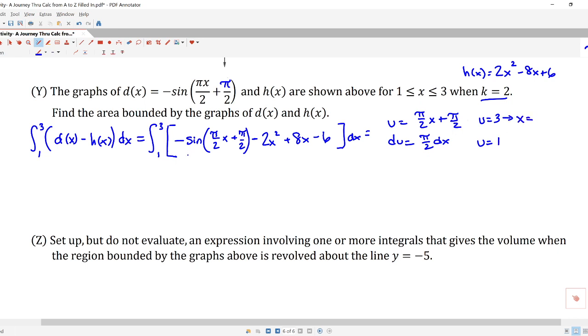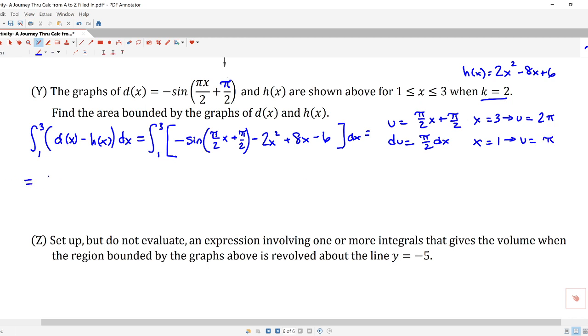So x is, well, let's see here, if x is 3, my apologies, then u is, well, if x is 3, pi over 2 times 3 is 3 pi over 2, plus 1 more pi over 2 gives us 4 pi over 2, which simplifies to 2 pi. And if x is 1, that just makes it pi over 2 plus pi over 2 is 2 pi over 2, which is pi.